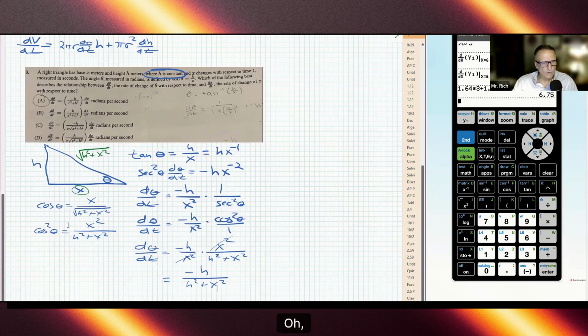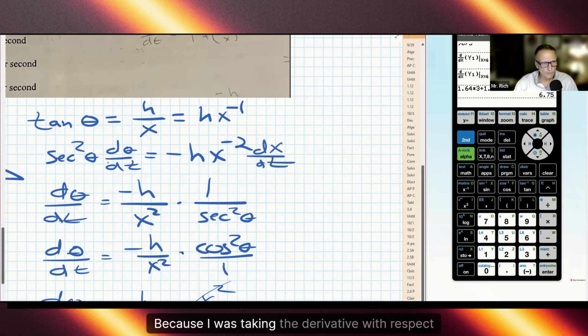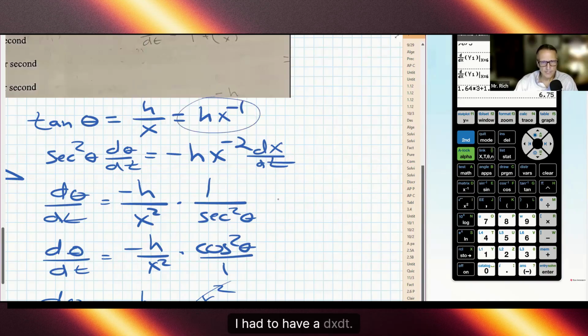Oh, and by the way, where did my dxdt? Notice, my goodness, up here, when I took the derivative, I needed a dxdt out here by the chain rule, right? Because I was taking the derivative with respect to time. So as soon as I used the power rule here, I had to have a dxdt.